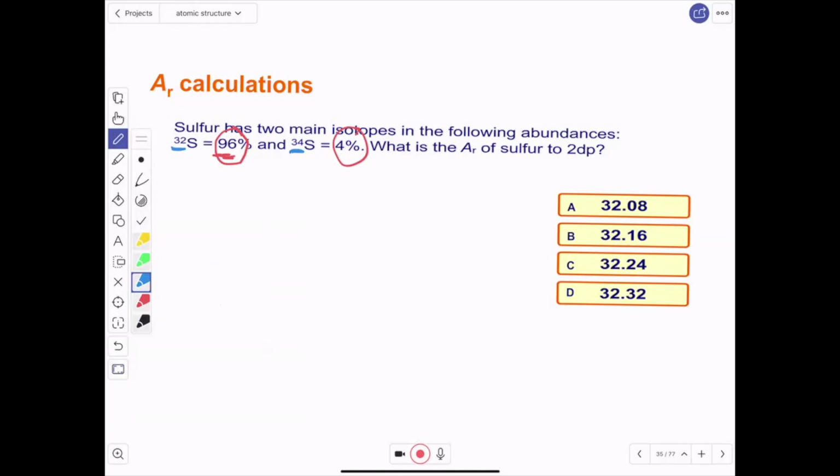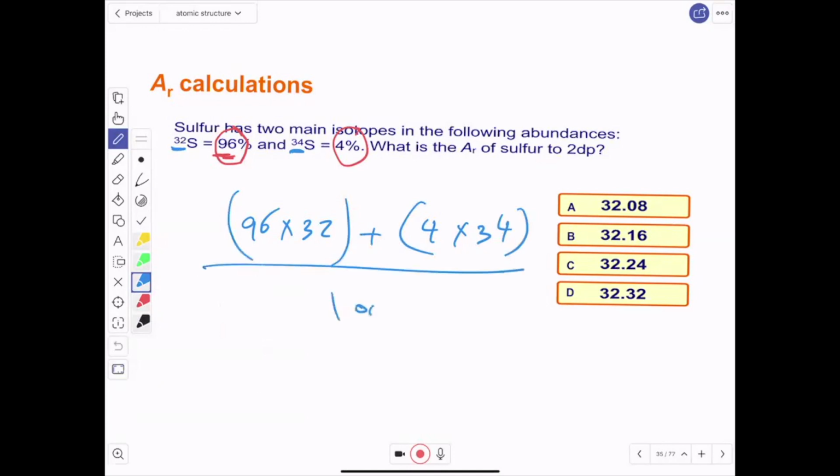So you worked it out, turned out you did 96 times 32 plus 4 times 34, and you divide it by 100. I don't think it's that hard. It's always going to be this way. You find the average. Do you guys have a question?